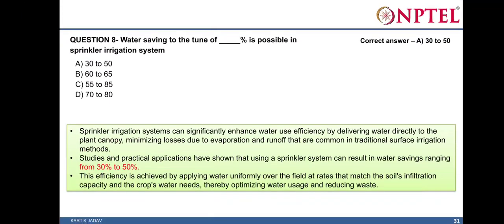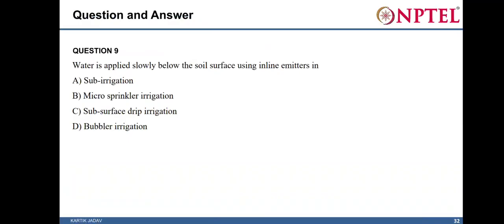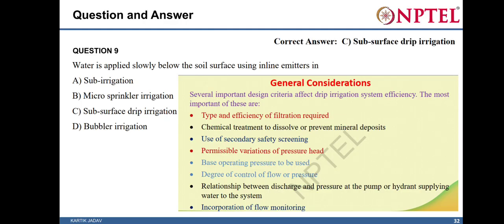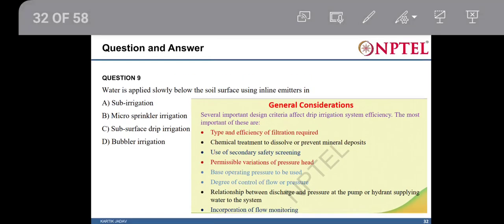The correct answer is option A. Question 9. Water is applied slowly below the soil, right? Below the soil using line emitters. So it is subsurface irrigation, subsurface drip irrigation system. So the correct answer is option C.